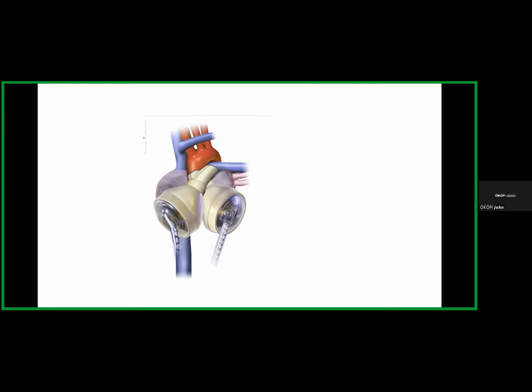Actually, I joined very late, towards the tail, when he was talking of the LVAD. I don't know, he mentioned some complications. He spoke about I think RV failure and then acquired von Willebrand disease. I don't know if you mentioned the reason why these patients are prone to acquired von Willebrand disease.